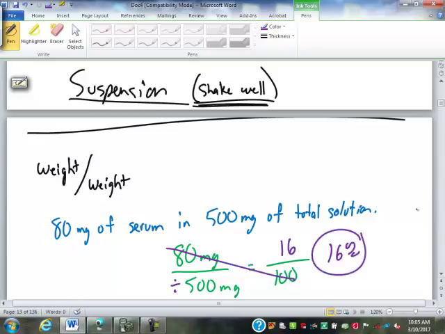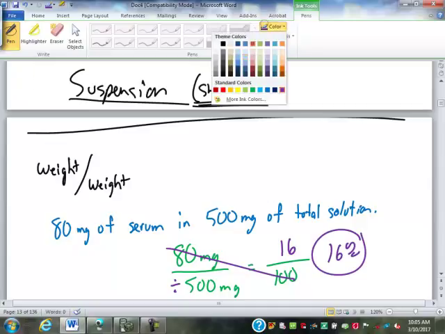So that solution would have a 16% concentration. That would be read as a 16% weight in weight concentration.